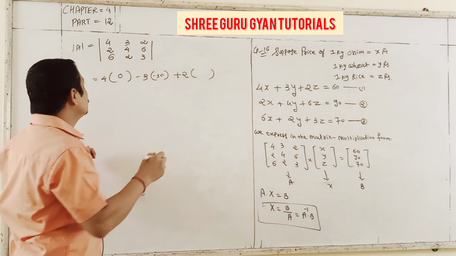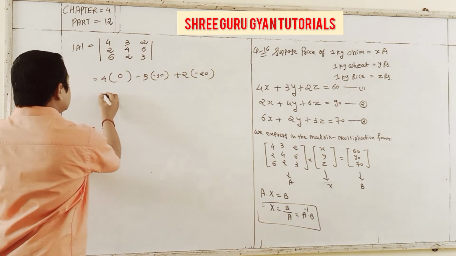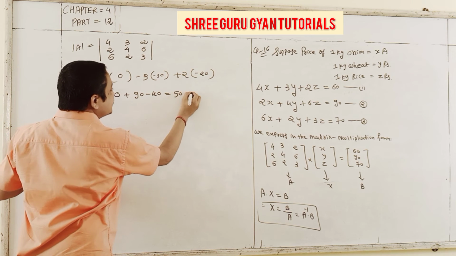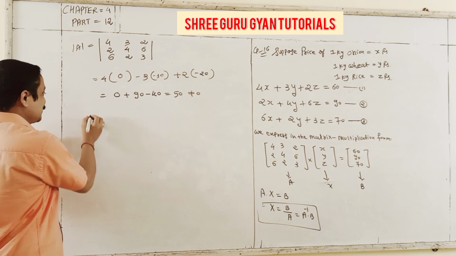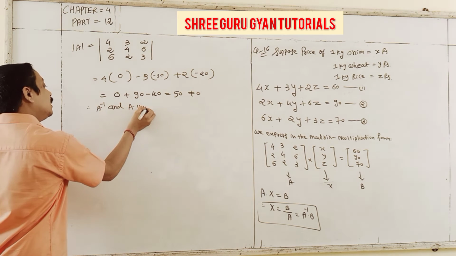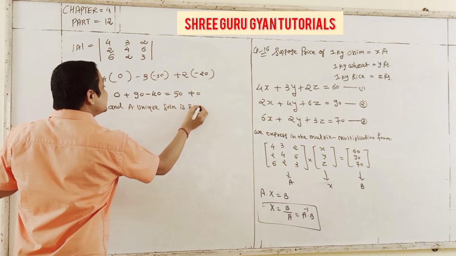And last, 2 times (4 minus 24), which is minus 20. So 0 plus 90 minus 40 is 50, non-zero. So A inverse exists and a unique solution exists.